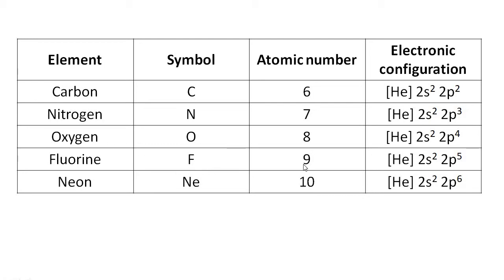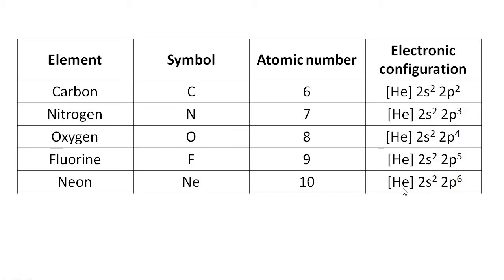Next, for fluorine atom, it has 9 electrons. [He] 2s2. See, the electrons in 2p orbital are 5. 2px has 2 electrons, 2py has 2 electrons, and 2pz has 1 electron. That means the last electron enters the 2py orbital and it gets paired. In case of neon, atomic number is 10.